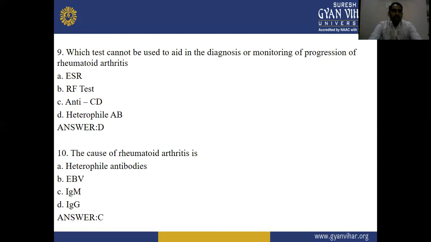Next question. The cause of rheumatoid arthritis is, option A, heterophile antibodies, option B, EBV test, option C, immunoglobulin M, and option D, immunoglobulin D. The right answer is C. Immunoglobulin M is the cause of rheumatoid arthritis.